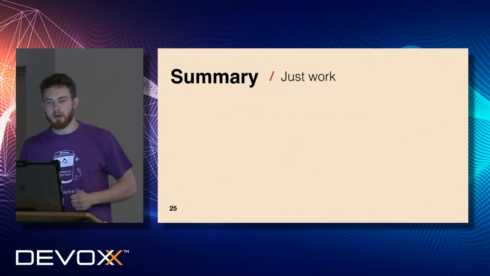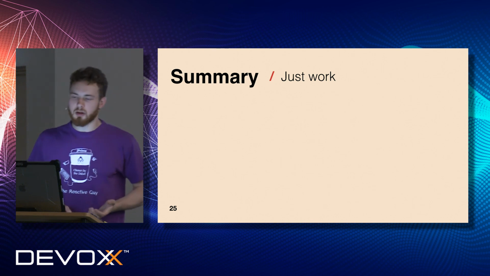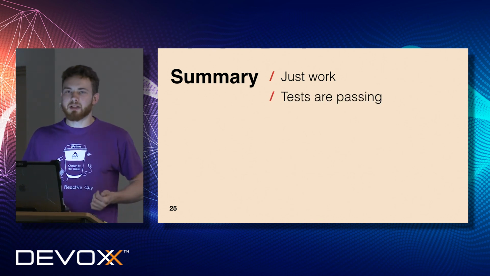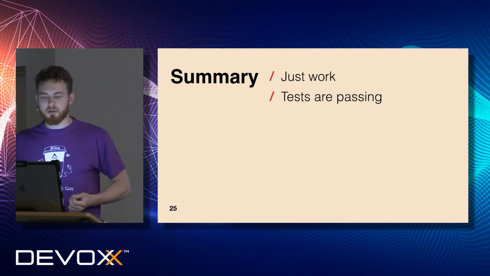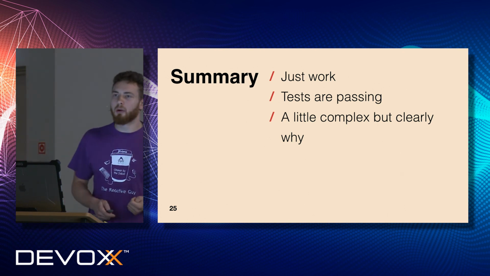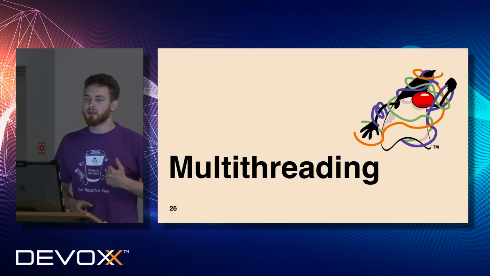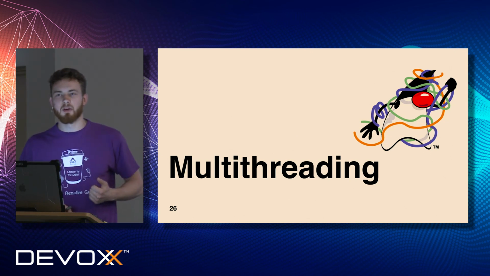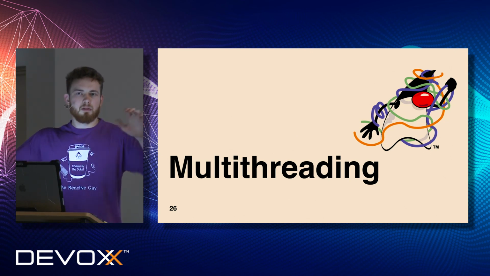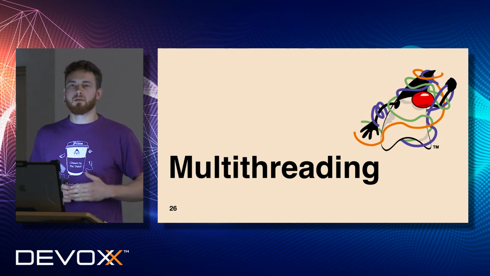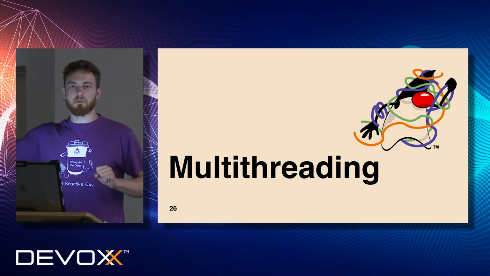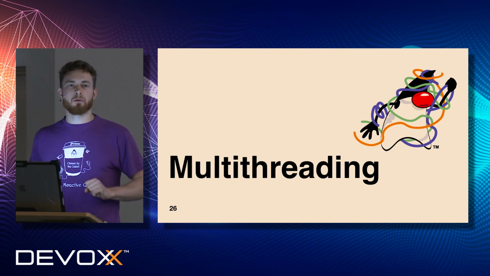In general, it seems that it just works. Tests are passing, but unfortunately, life is a little bit more complex than just our implementation, because we are living in multi-threading. At this point, let's take a break. Let's take 5 or 10 minutes for coffee, and I'm looking forward to seeing you afterwards.